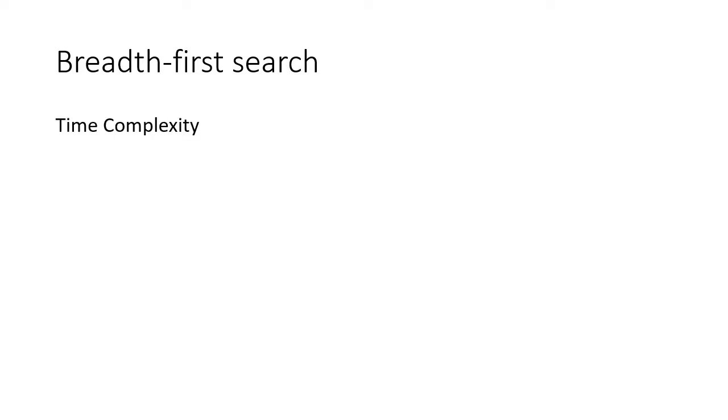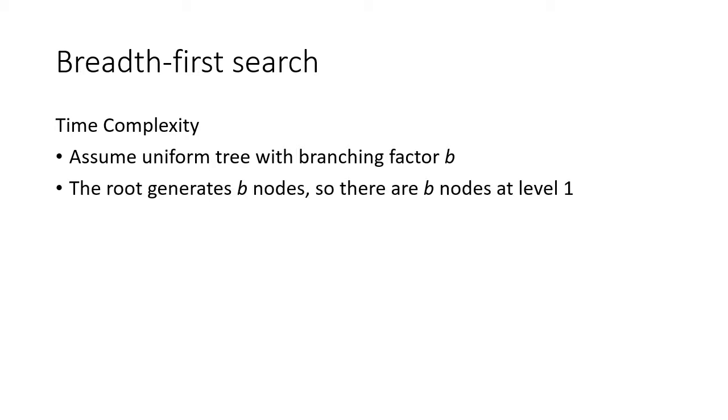As far as time complexity is concerned, let's consider a uniform tree where each node has the same number of children. So the branching factor is b, each node has b children until you get to a leaf.